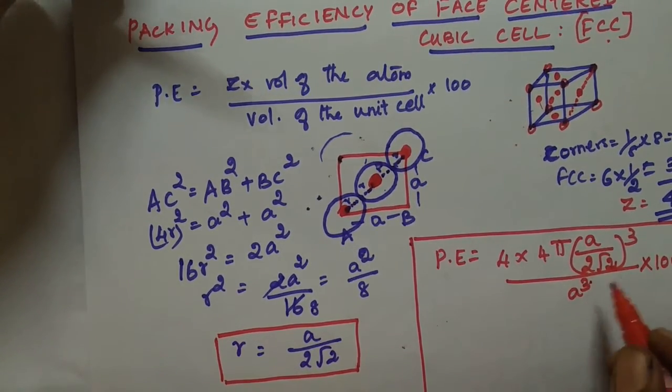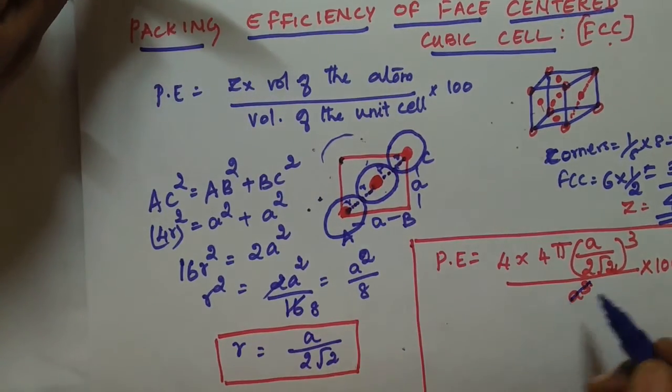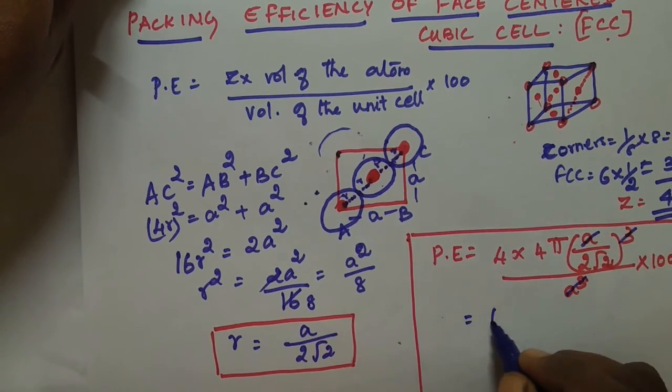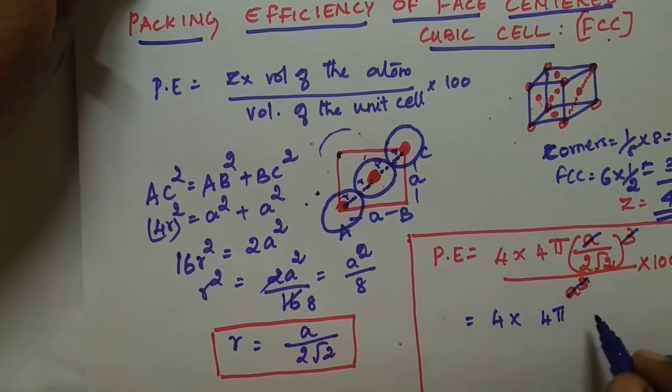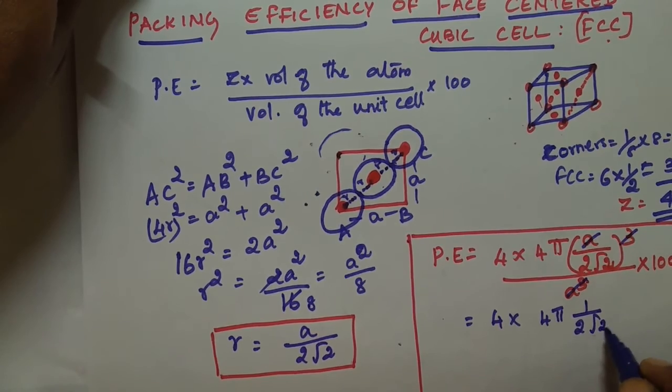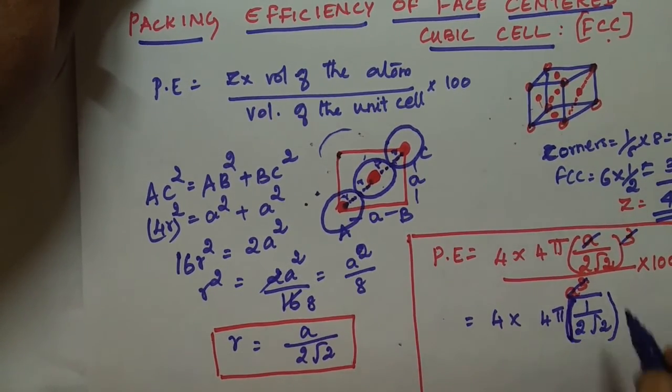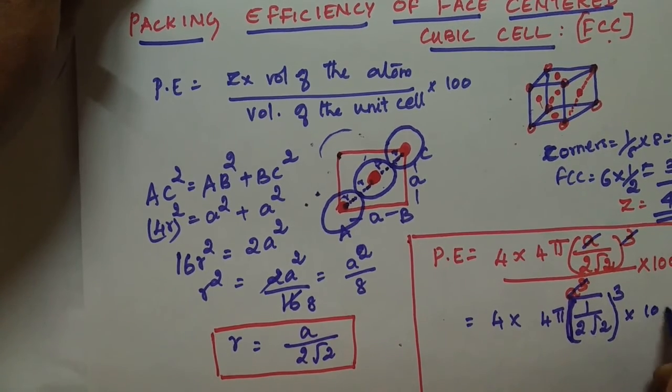Now I can strike out this A cube and this A cube. Now the value becomes 4 into 4 by 3 pi into 1 by 2 root 2, the whole cube, into 100.